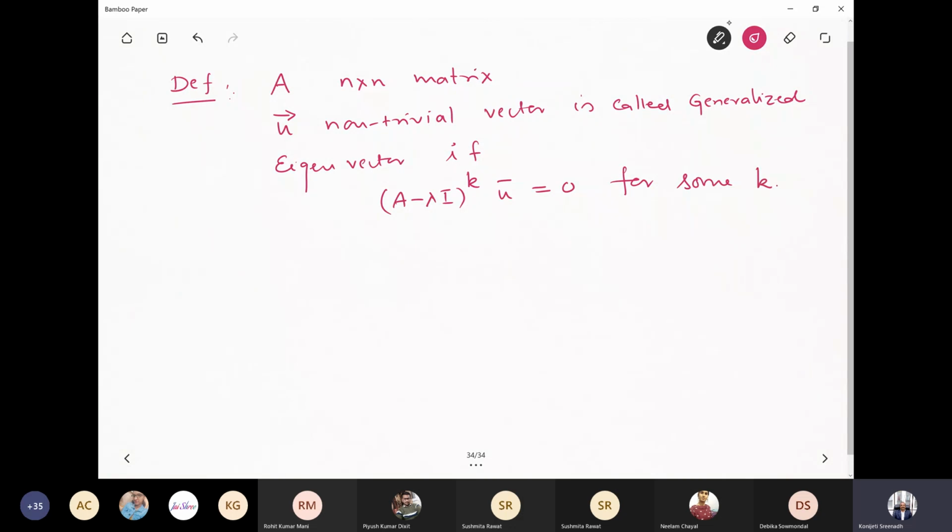The smallest such k is called the index of the eigenvector.